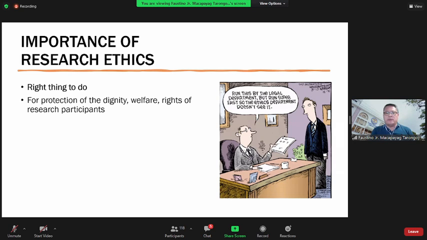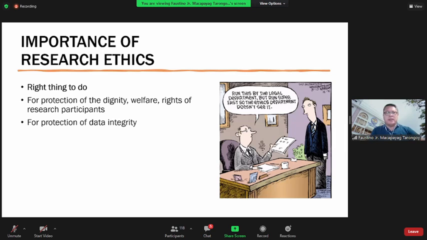In this case, in particular, we conduct research, especially when we are involving human participants or research participants, we need to primarily protect their dignity, their welfare, and their rights. And not only for the welfare of your research participants, but your research also becomes ethical if your data is obtained honestly. So there is that integrity when you get your data.